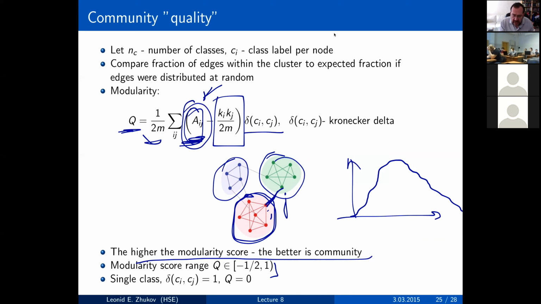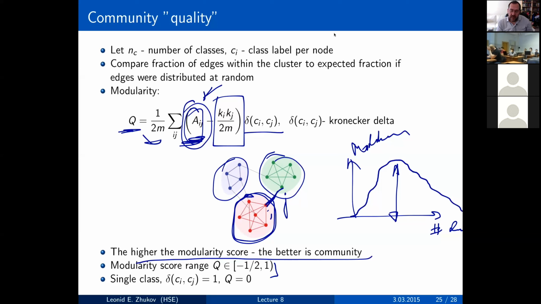And so we can try to detect the point when the modularity is the largest, and this is the number of clusters we pick.